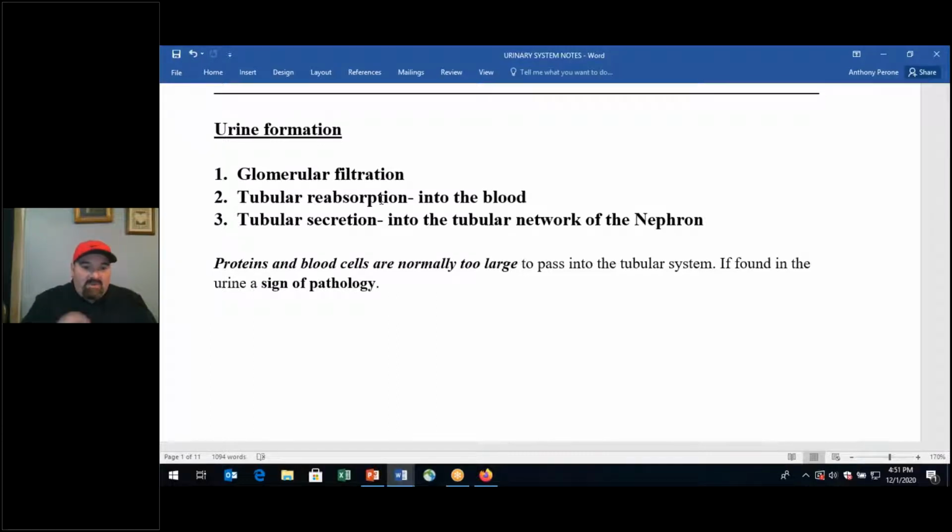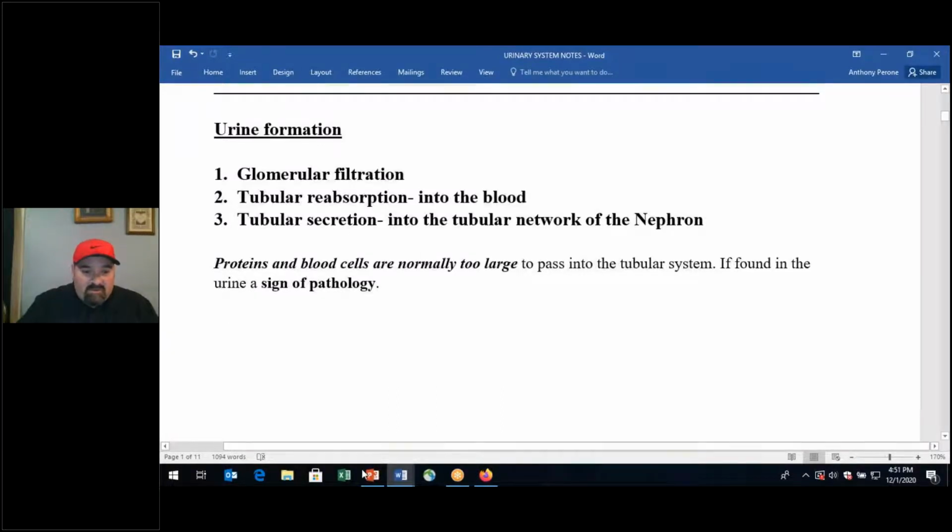And in secretion, we're putting wastes into it, and also a bit of water, that will end up becoming the filtrate, which, entering the collecting ducts, will then drain out of the apex of the pyramid of the kidney via those renal papillae into the calyx.